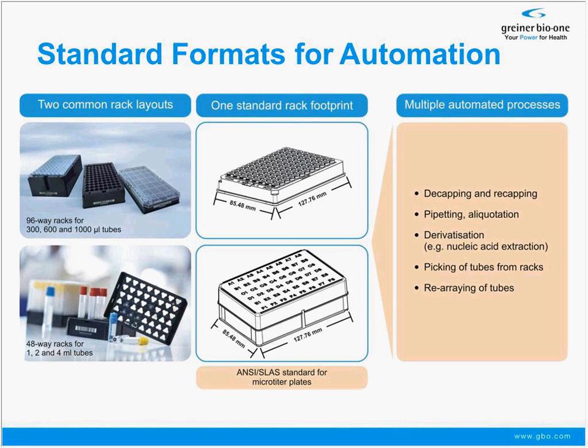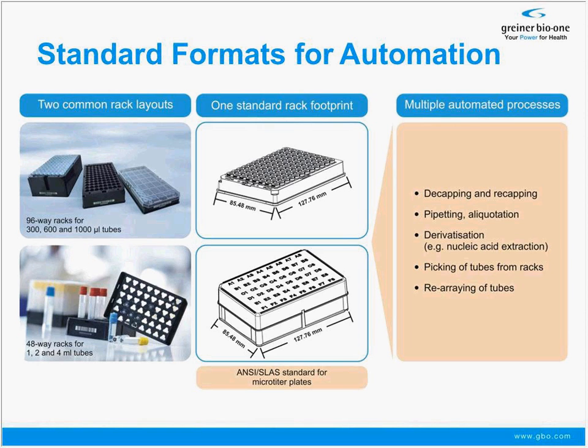In the lower picture to the left, you see again a standard format compliant with the ANSI and SLAS standard, but here it is a 48-way layout which allows for storage of larger tubes. They are larger in dimension. These tubes can accommodate 1, 2, or for example 4 milliliters of solution.